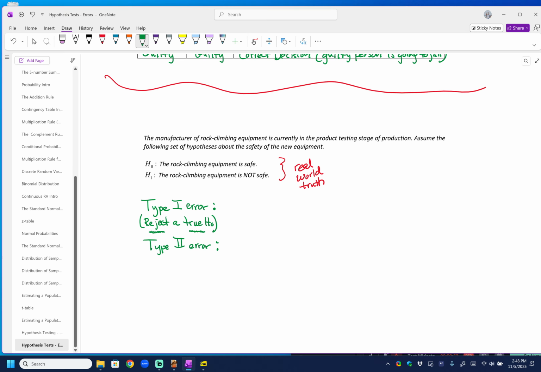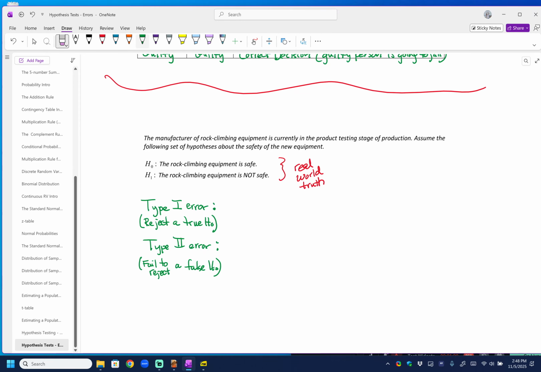That is fail to reject a false null. So again, we have a null that is not true in the real world, but we fail to reject it, which means we're siding with a null hypothesis that's incorrect. That again is an incorrect decision, something we don't want to happen.